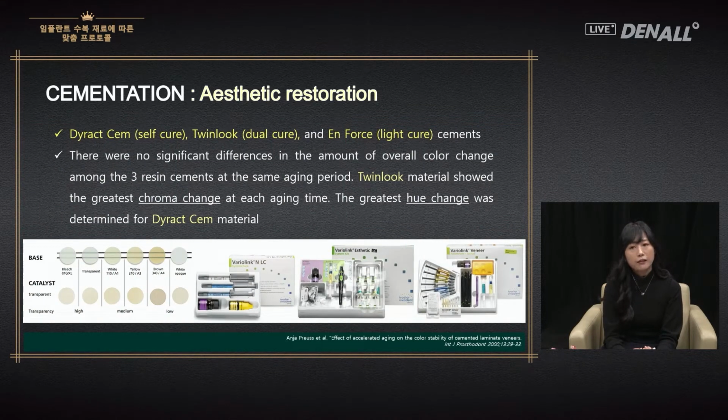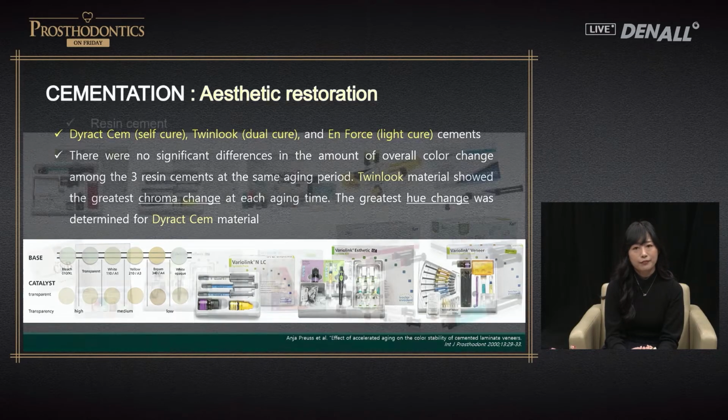As shown, cement, which is an essential element in aesthetic restoration, has different color and transparency, and in the case of restoration with high transparency, this is very important. Among these products, at times, curing can affect discoloration of restoration, and there's a study on this. Light curing cement shows the least amount of change.